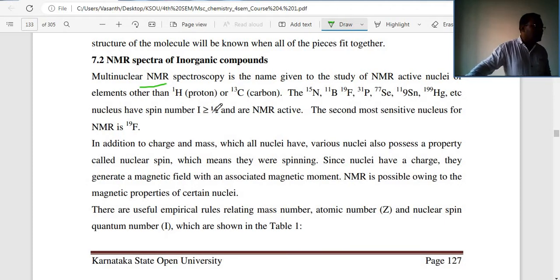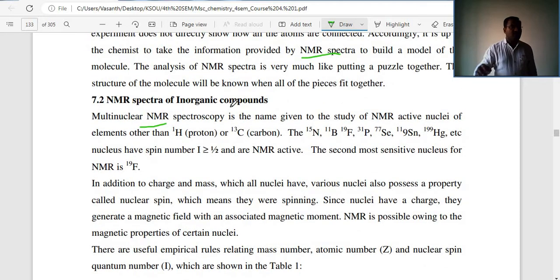Multinuclear NMR spectroscopy is the name given to the study of NMR active nuclei of elements other than protons: carbon 13, nitrogen 15, boron, fluorine, phosphorus, selenium, tin, mercury, etc. The nuclei have spin number I equal to 1/2, or are NMR active.